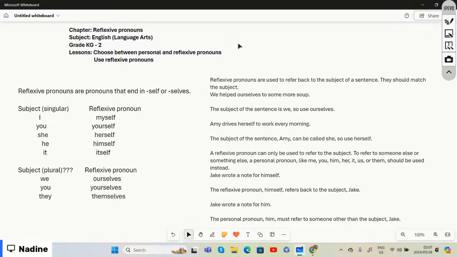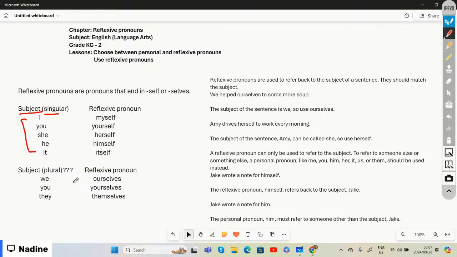All right. And if we look at the different reflexive pronouns, and remember we said that it needs to refer back to the subject, if we look at our singular subjects first, these words, which are I, you, she, he, and it, need to refer back to myself, yourself, herself, himself, or itself, or the other way around.